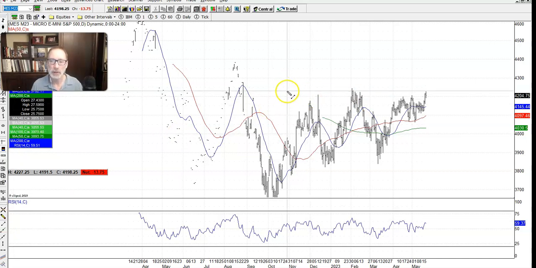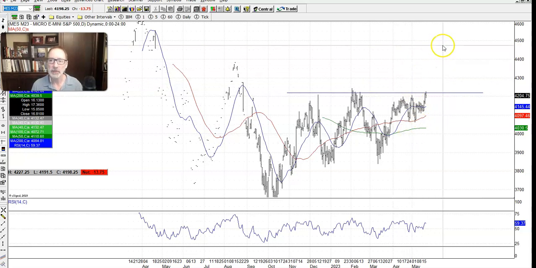Right around here or so, we've got a little resistance, and we want to see the market get above that, convincingly get above this area and convincingly move higher. But we may have some sell-off this week if the U.S. can't get its act together and raise this debt ceiling that everyone's been talking about.